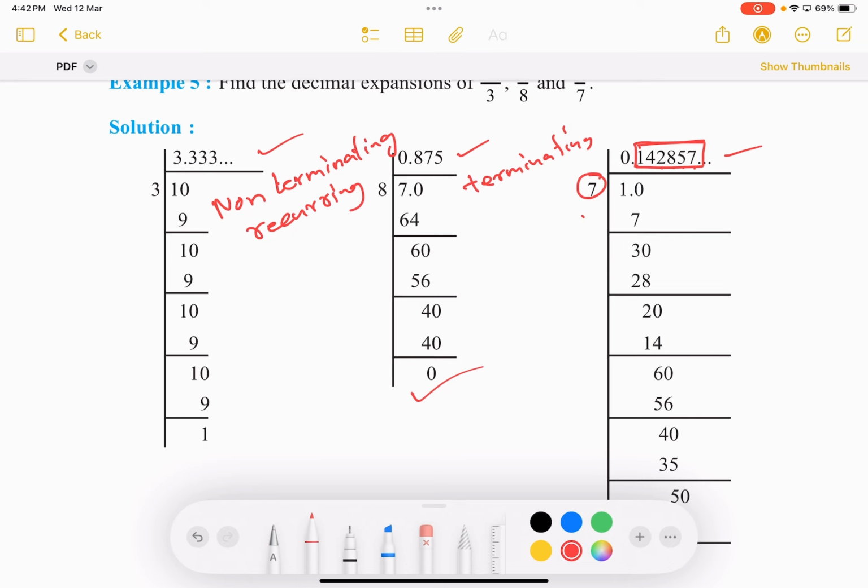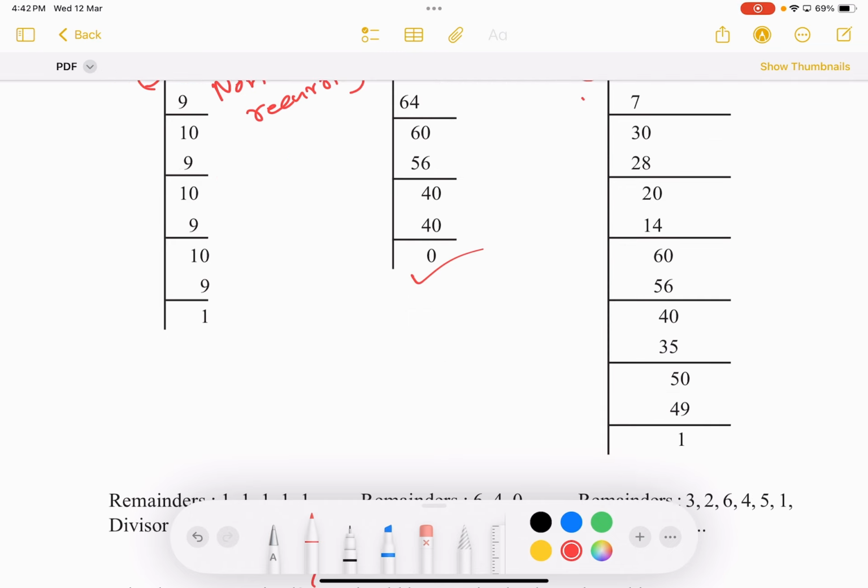Here 7 is the divisor, so the repeating string is 6. Here 3 is the divisor, so it is only 1. The remainder can be 0, 1, 2, so lesser than 3. So the number of digits in the repeating string should be lesser than the divisor. That also we observed from this, and that's what they have given.